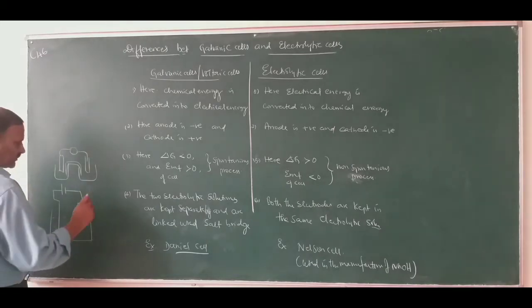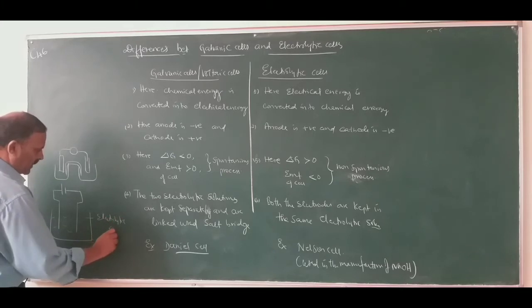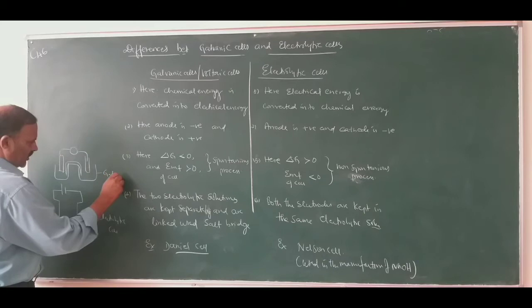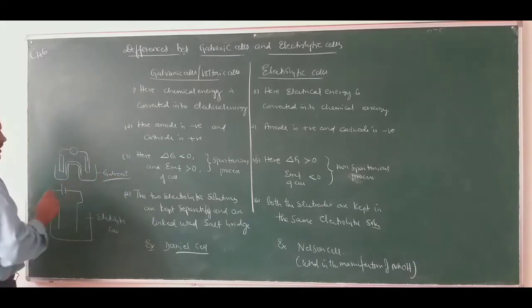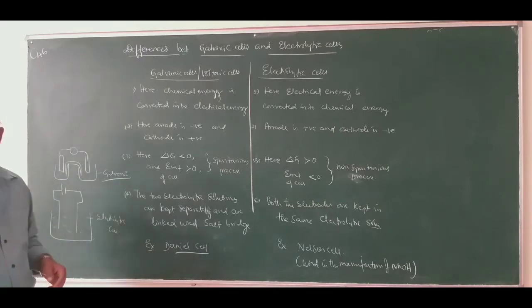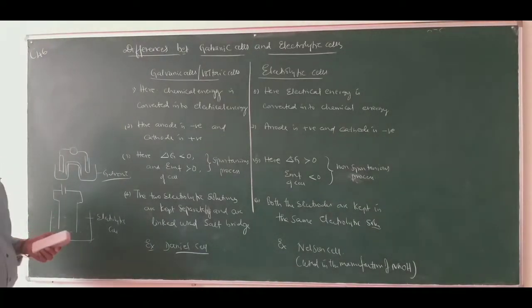These are electrolytic cells and this one is a galvanic cell. In galvanic cells, the electrolytic solutions are kept separately and linked by a salt bridge. In an electrolytic cell, both electrodes are dipped in the same electrolyte. So these are the differences between galvanic cells and electrolytic cells.